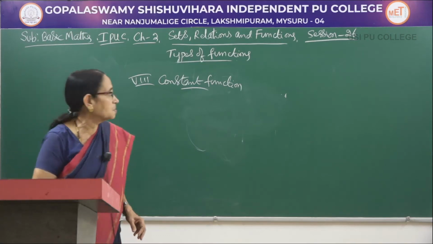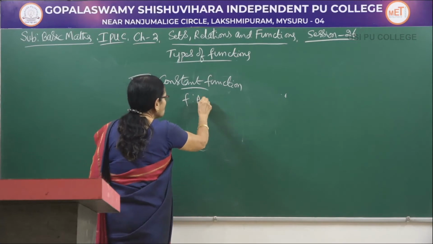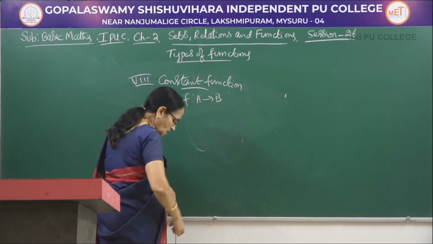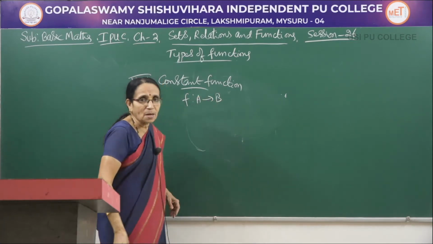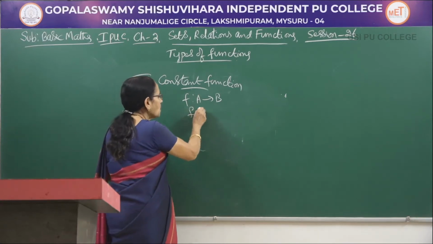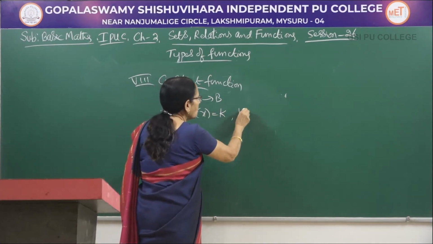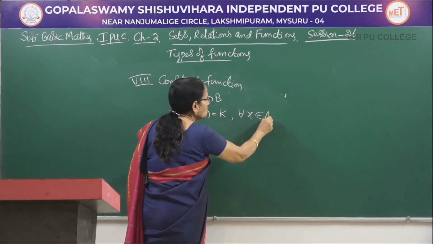A constant function means, let me write the definition. A function f from the set A onto the set B is defined like this. f of x would be equal to some k for all x belonging to A.